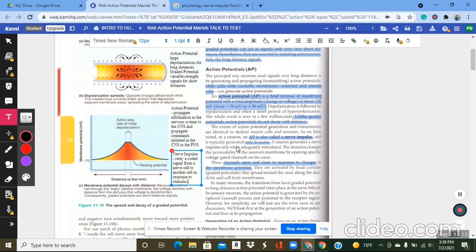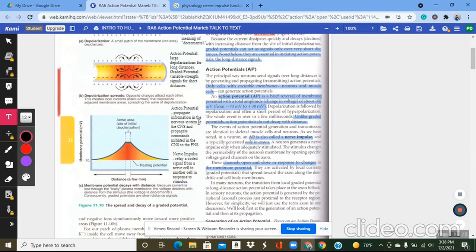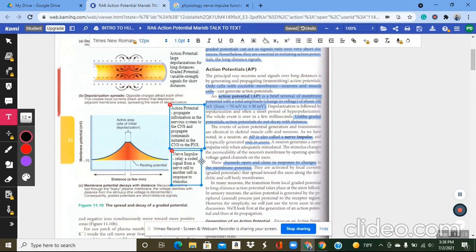I do notice that the annotations that I put can be mistaken for the actual text.